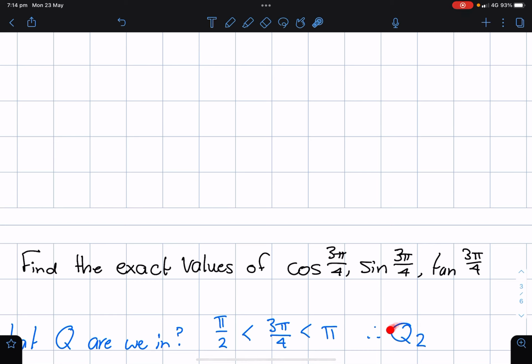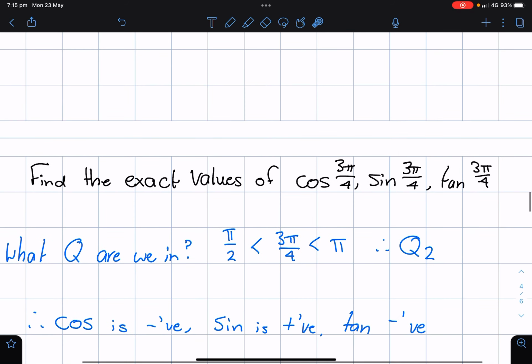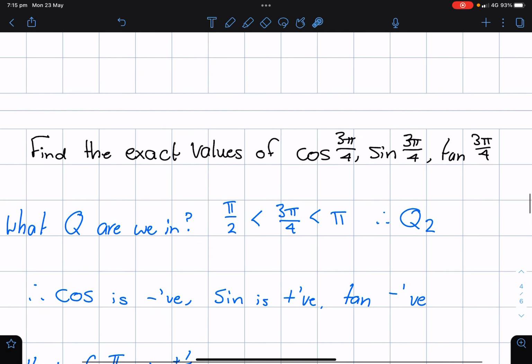So that means we're in quadrant 2. Because we're in quadrant 2, our cosine value will be negative, our sine value will be positive, and our tan value will be negative because we've got a positive divided by a negative. Those are some really key facts to keep in mind when we solve these questions.